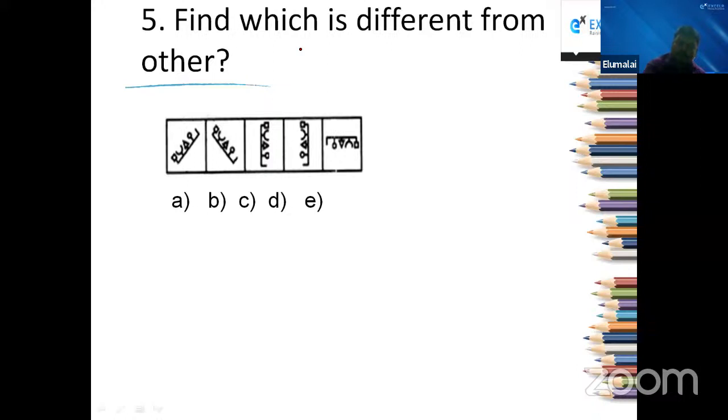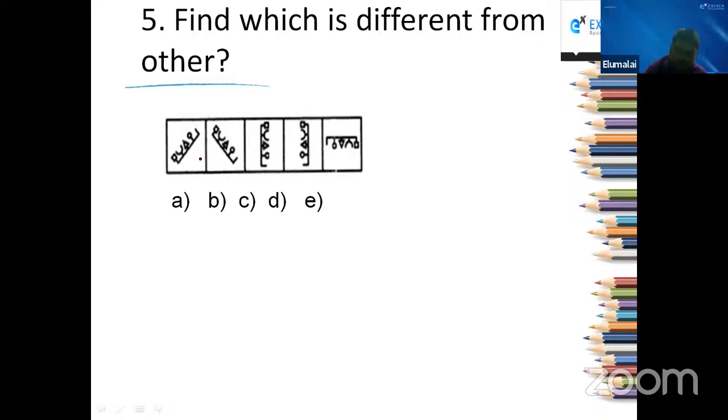No. Very good. See here, odd one is this D. Why?